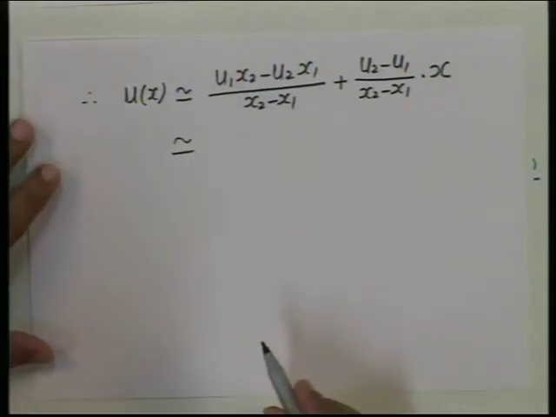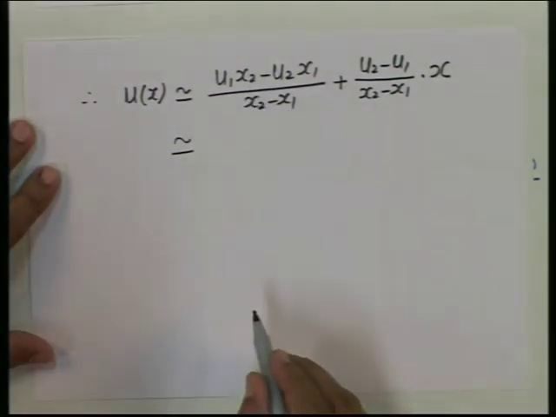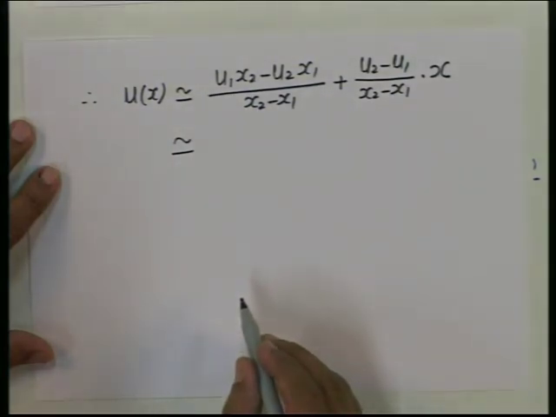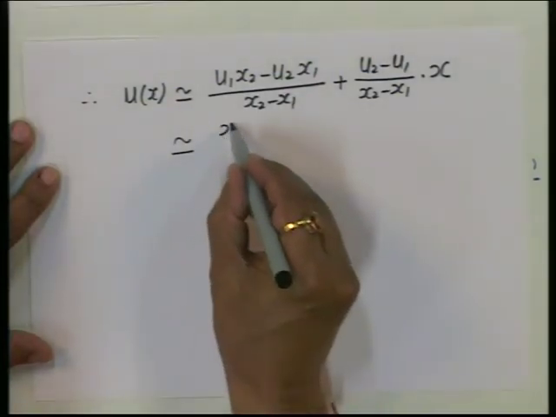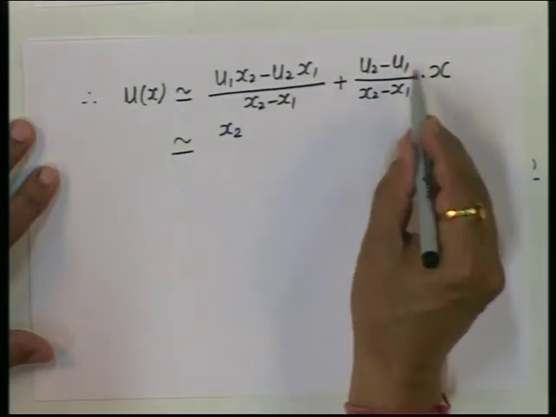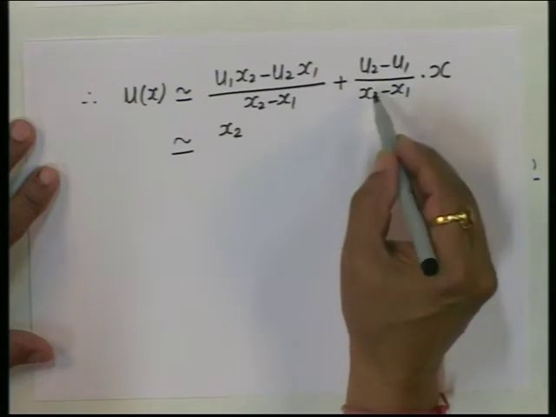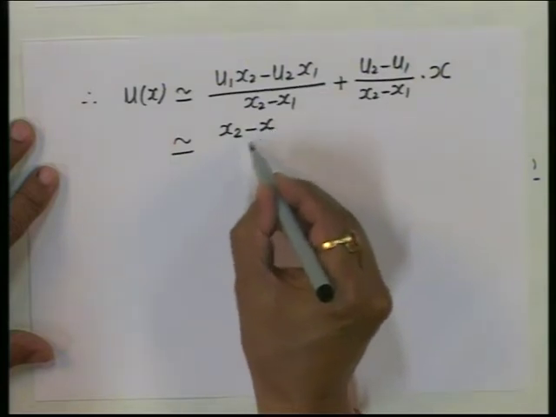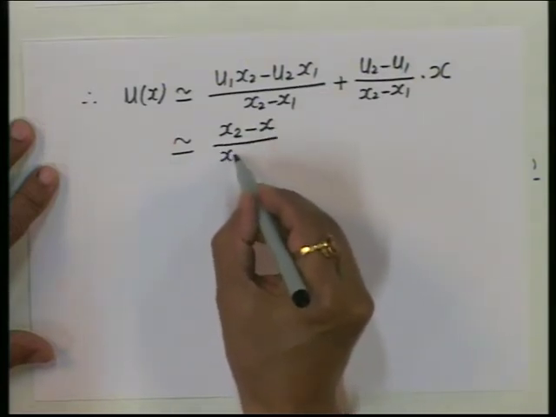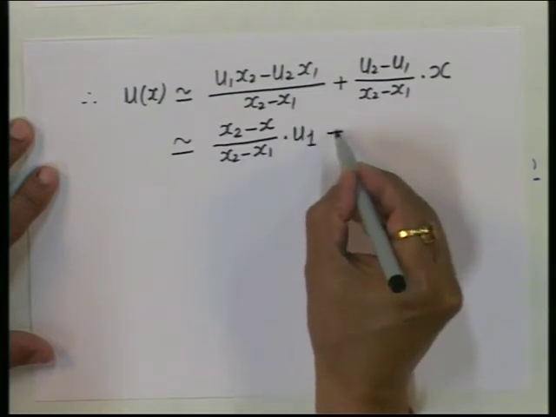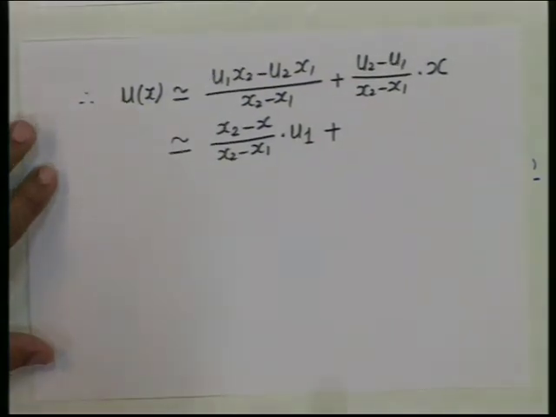So, the coefficient of u1 here is x2 divided by this, and here minus u1 x divided by this. So, minus x divided by (x2 minus x1) into u1.